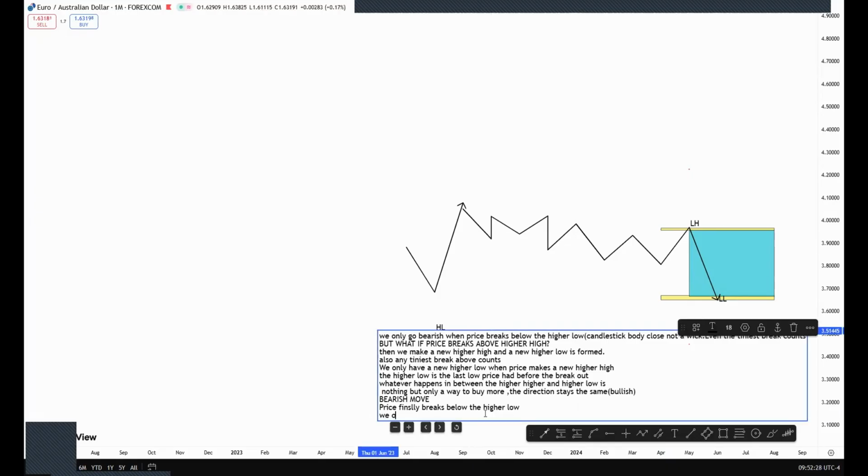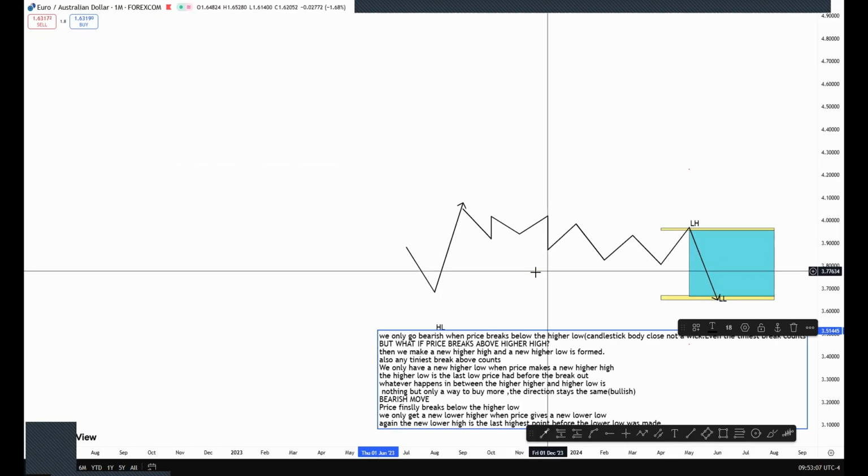So now since we are bearish, we only get a new lower high when price gives a new lower low. Again, the new lower high is the last highest point before the lower low was made.